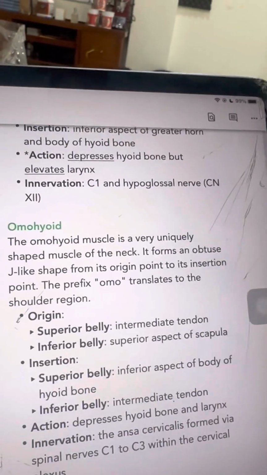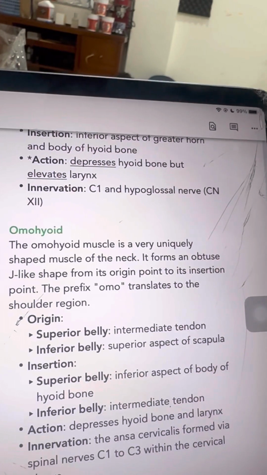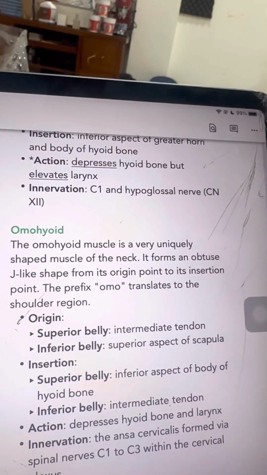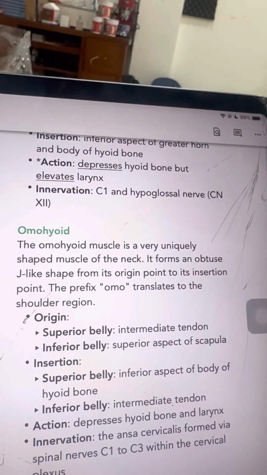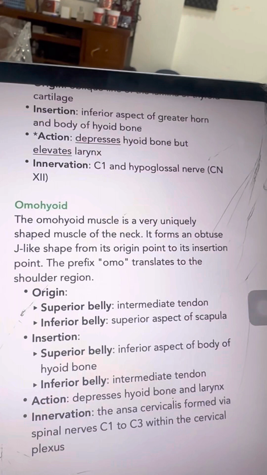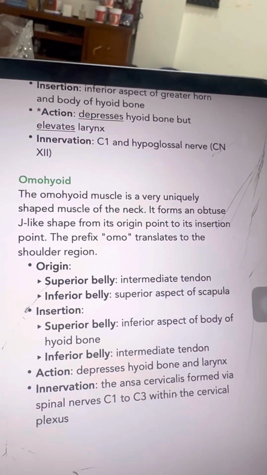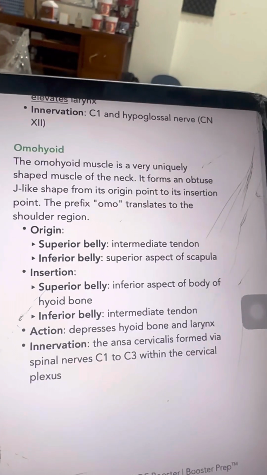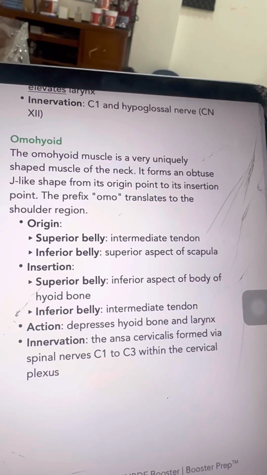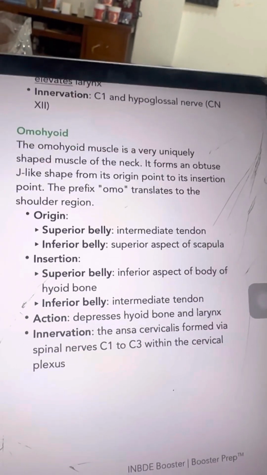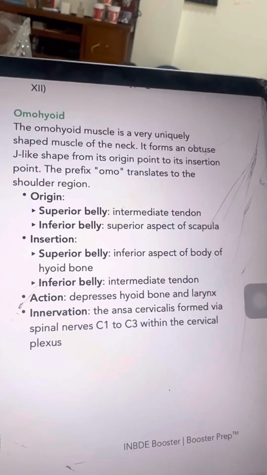Omohyoid. The omohyoid muscle is a very uniquely shaped muscle of the neck. It forms an obtuse V-like shape from its origin point to its insertion point. The prefix almost translates to the shoulder region. Origin: inferior belly, superior aspect of scapula.